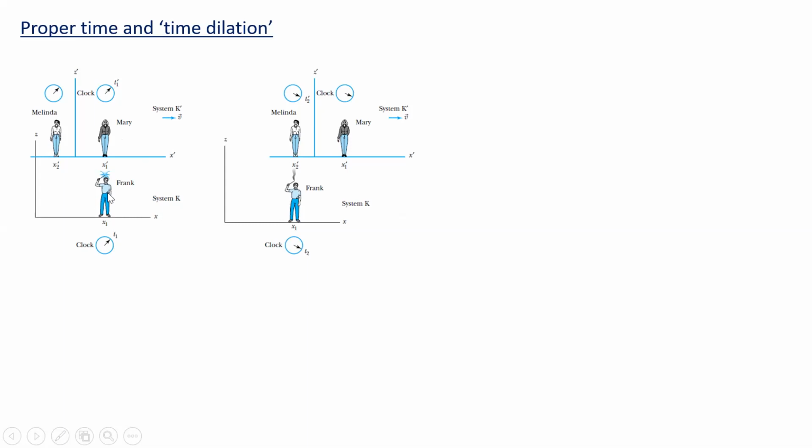We imagine that in system K, Frank lights a sparkler, like let's say it's the 4th of July, and in that frame, the sparkler burns and goes out, and that all occurs at the same position, x1, in system K. So Frank doesn't move, and the sparkler lights and goes out at the same position.